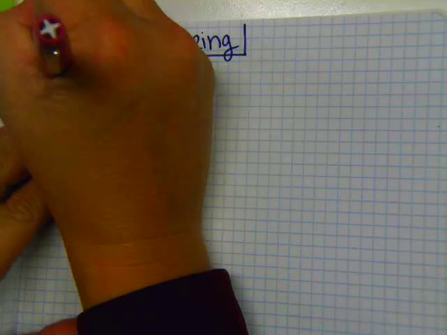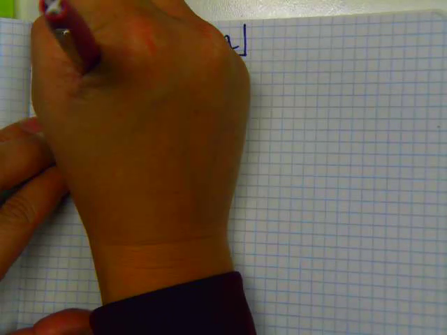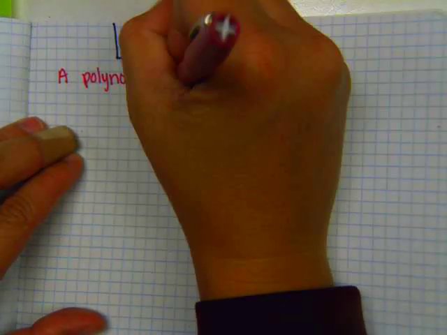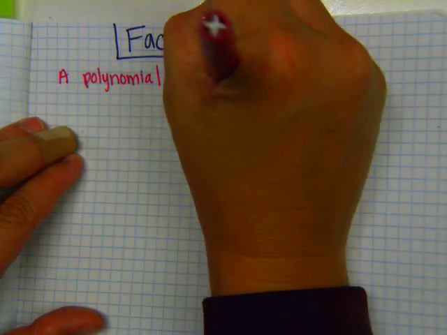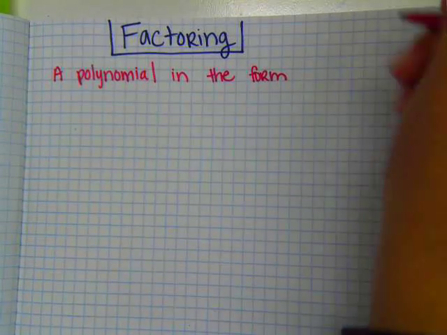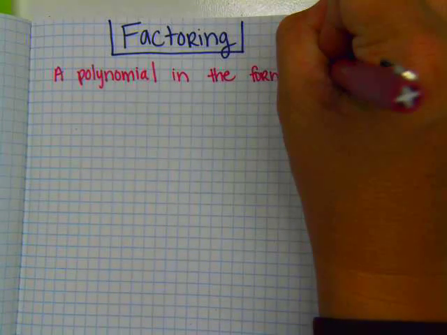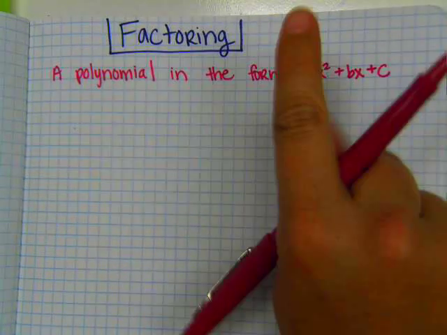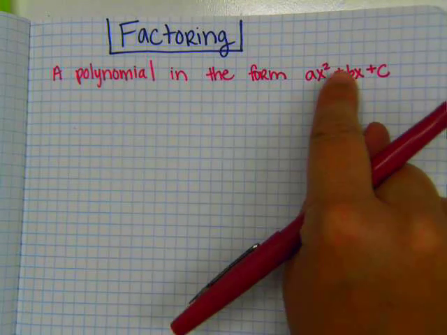It's going to be a polynomial in the form ax squared plus bx plus c. Now, x's are your variables, a, b, c.